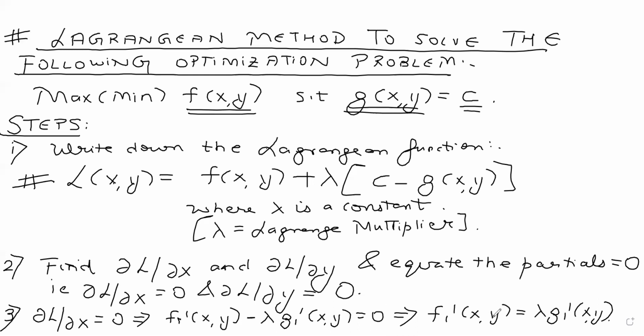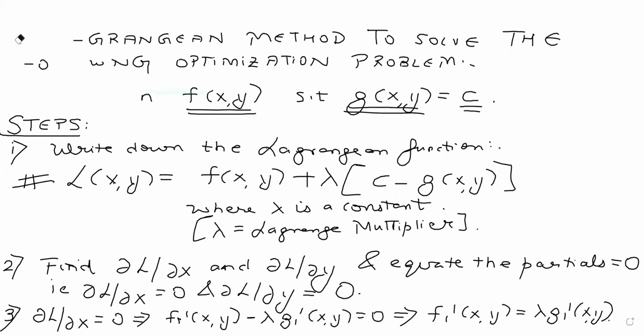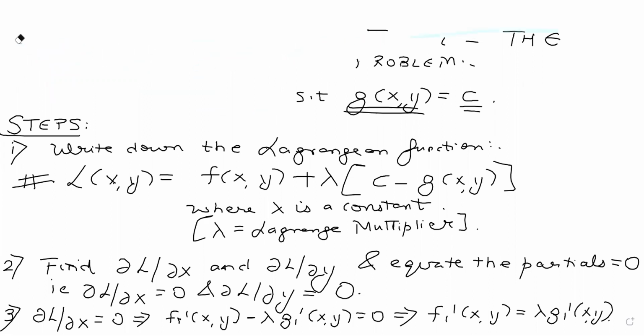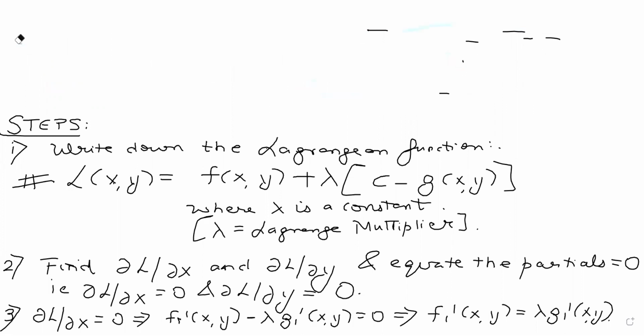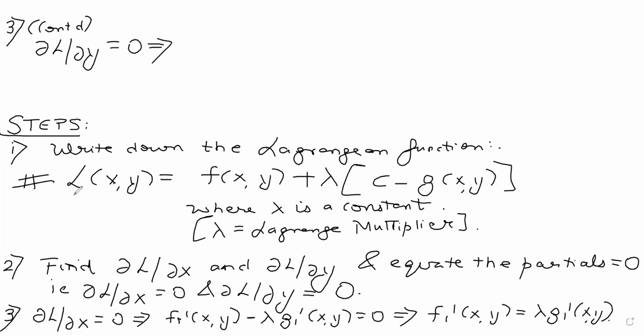Similarly, I am erasing the initial part now. We are going to partially differentiate the Lagrange with respect to y and put it equal to 0. So step 3 is being continued at the top of the screen. We find del L by del Y and put it equal to 0. How do I find del L by del Y?